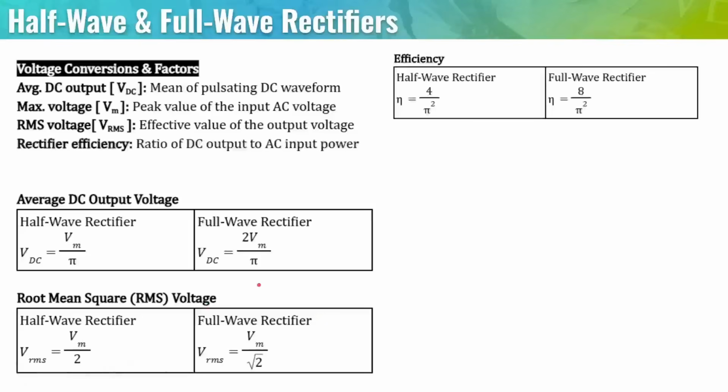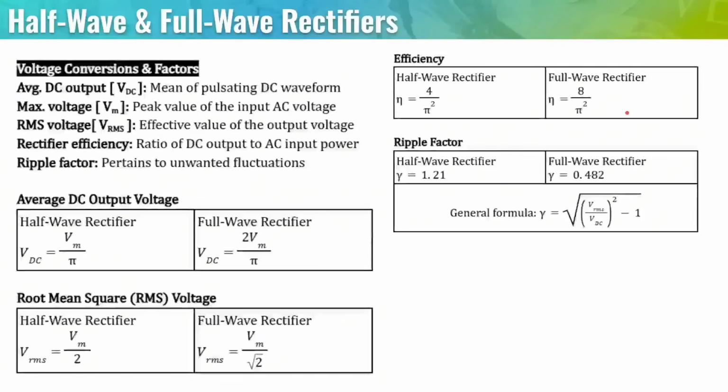The efficiencies of a half wave rectifier and a full wave rectifier are constants. Represented by the Greek letter nu, 4 over pi squared is the half wave rectifier efficiency, and multiply that by 2 to get the full wave rectifier efficiency.